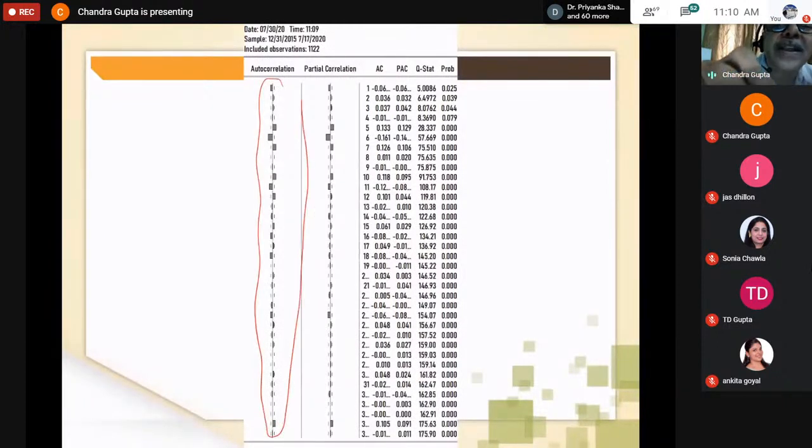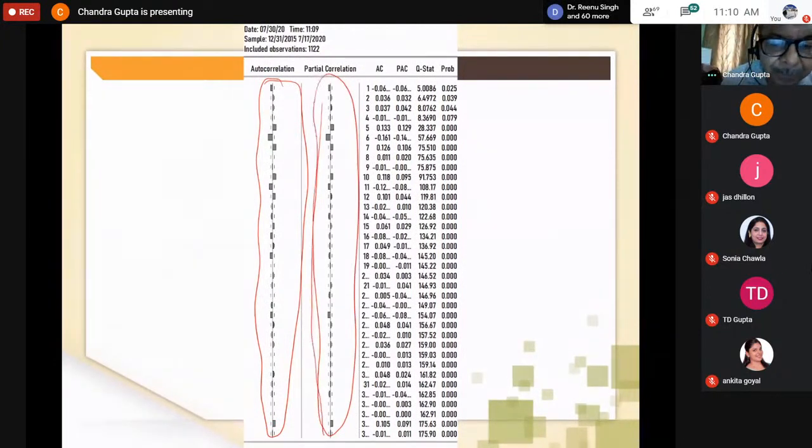We do not find any significant correlation which was there in the original series. And that kind of understanding about the behavior you can have when you get the correlogram before you.